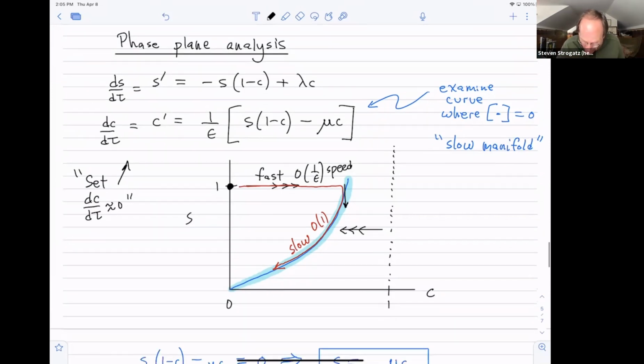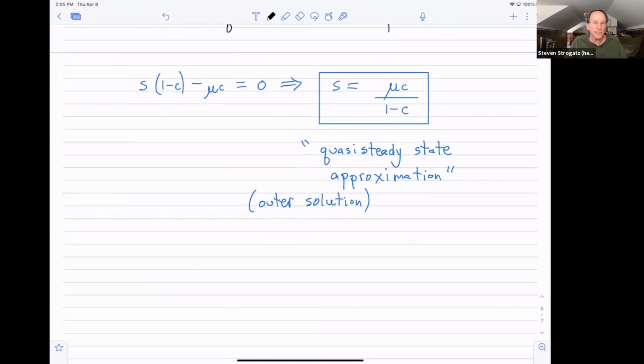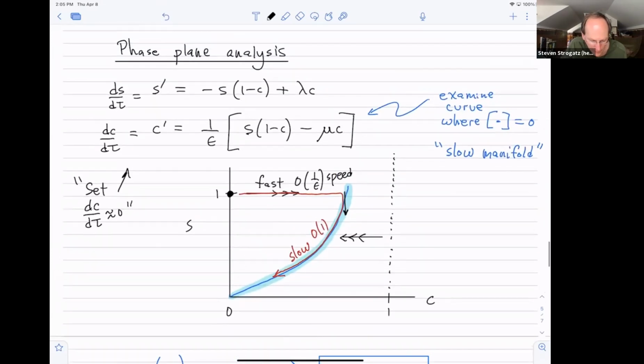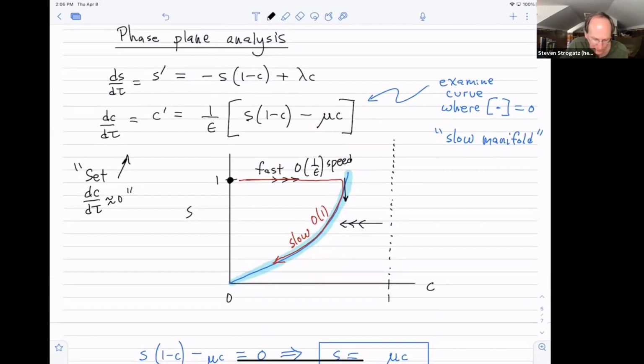You really should think of it as this boundary layer phenomenon where this is the outer solution that holds after a short time. Anyway, so let's just see that. How does that really work?